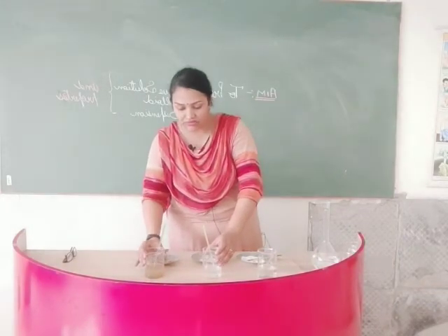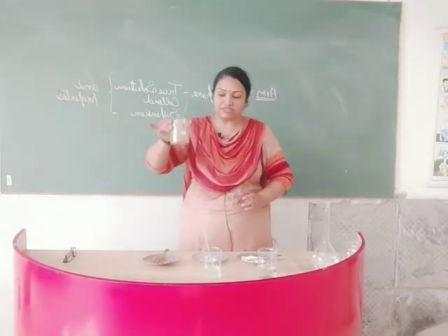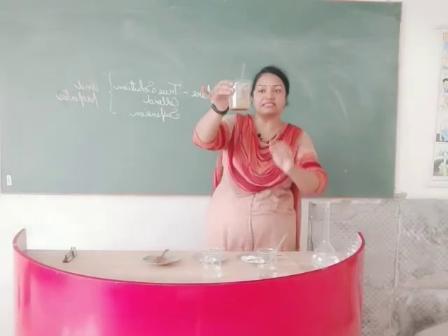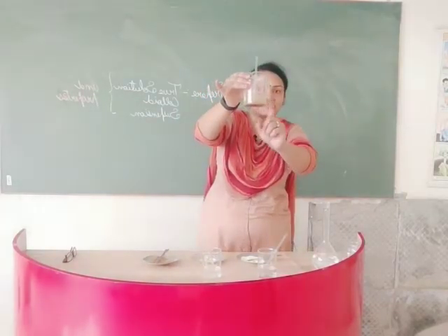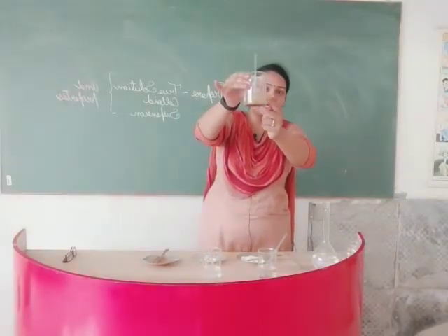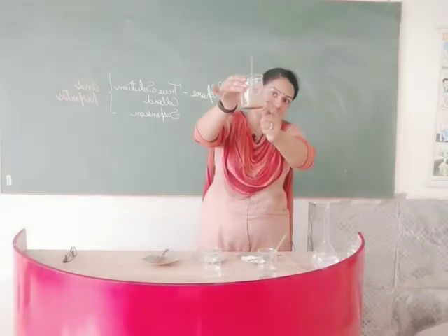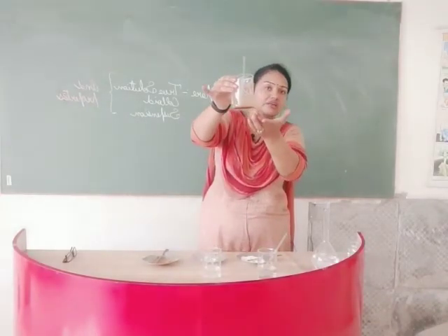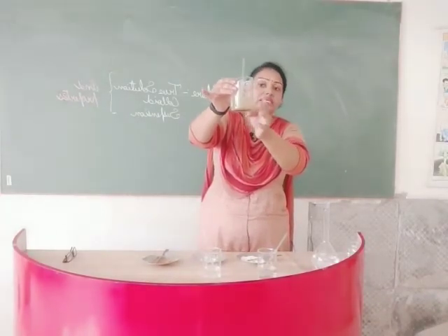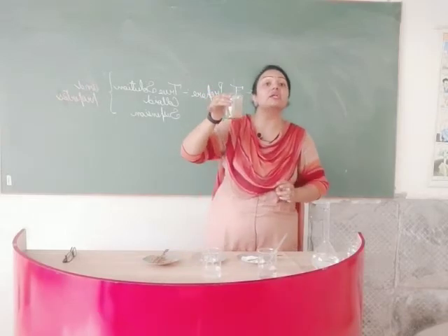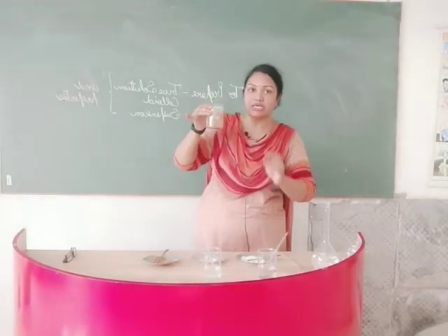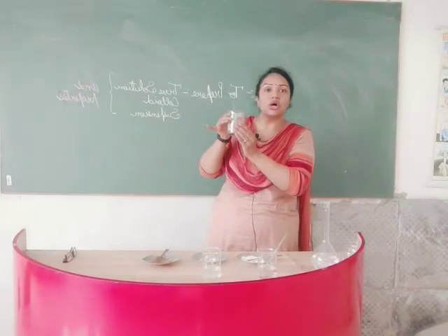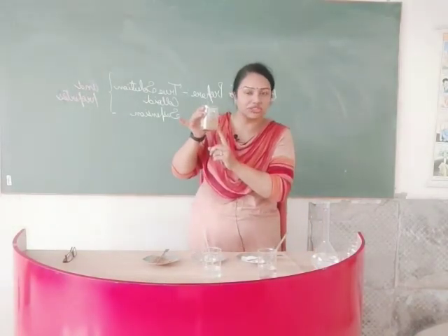Coming to the third one, see, I've left it for some time and now you can completely see two distinct phases. The upper one is lighter in color, and the lower one is darker in color. So this is a heterogeneous mixture. Why? Because it is not having uniform composition.